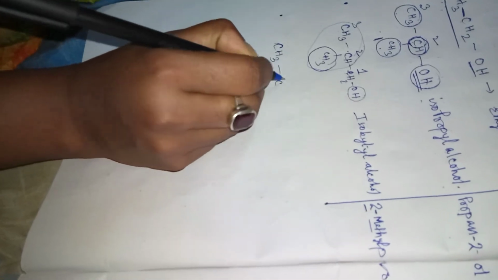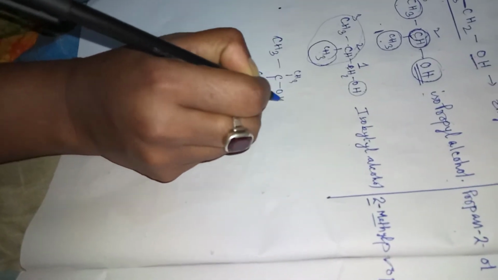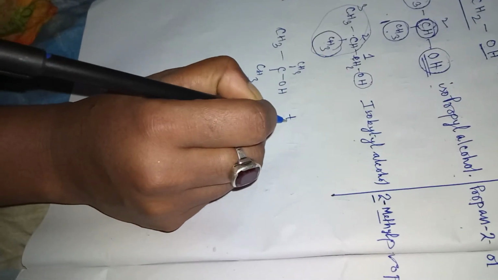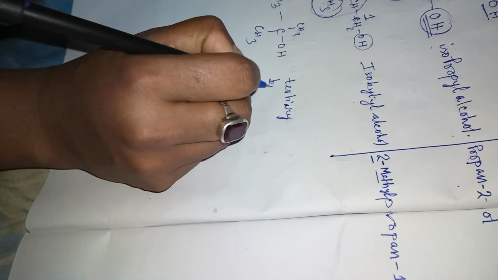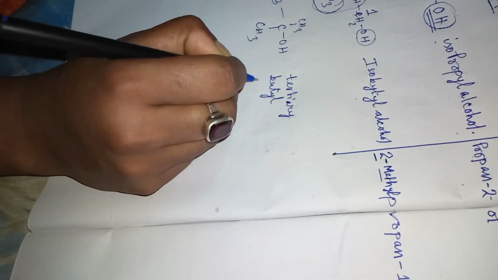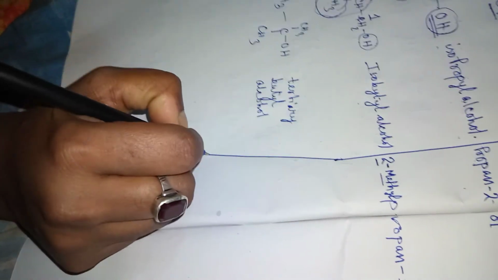Similarly you can write it. What is this compound? CH3C(CH3)2OH. The common name is tertiary butyl alcohol, this is the common name. What is the IUPAC name of this compound then?